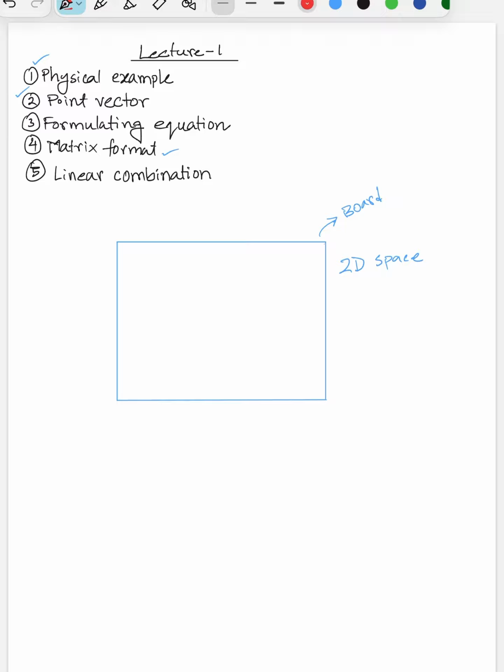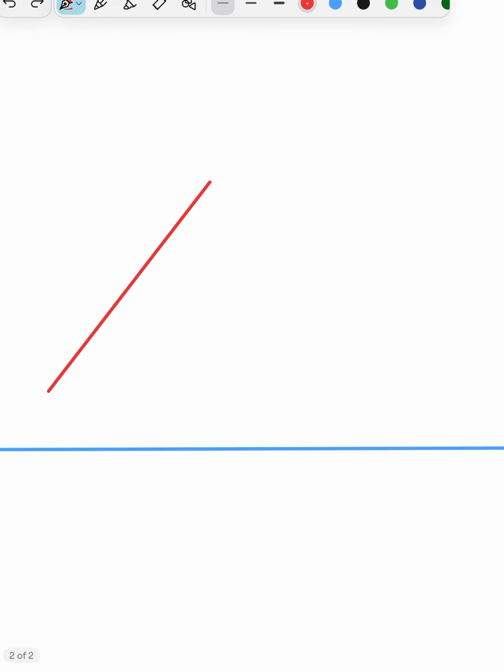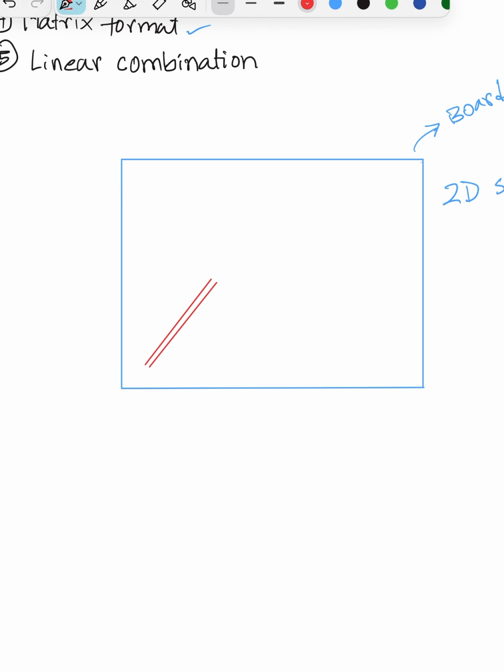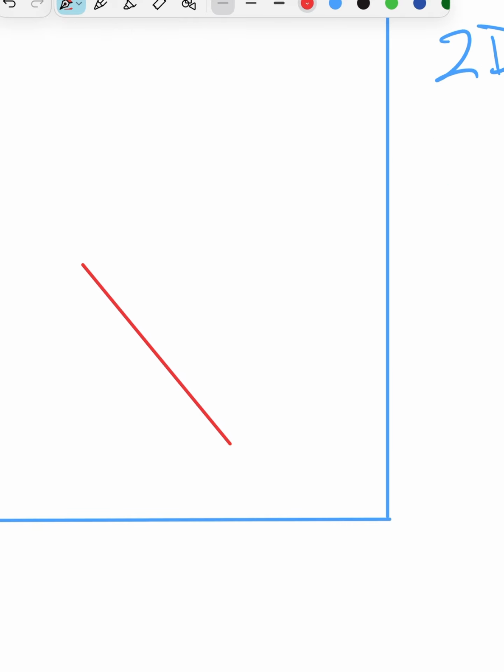Here we have this line of action, and a similar line of action here. It's a rough sketch, so it's not really precise.